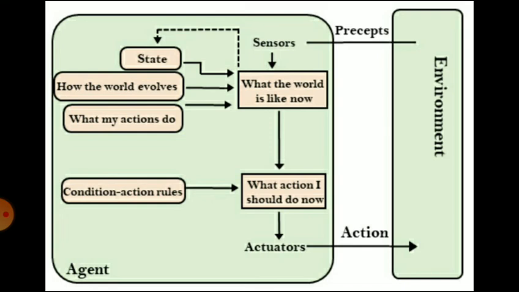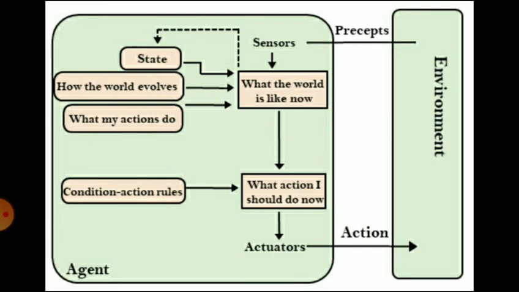State means it is a past history, then how the world evolves and what my actions do, which is a model. It is a study of a history and what action has been taken at that time. So it becomes a model or knowledge base.